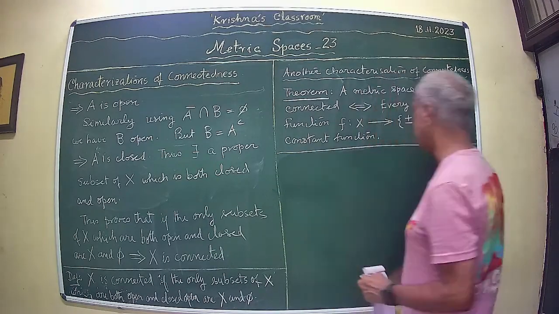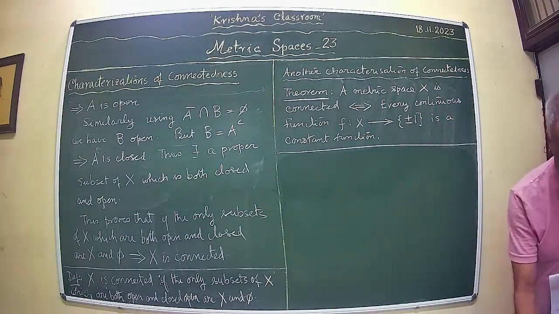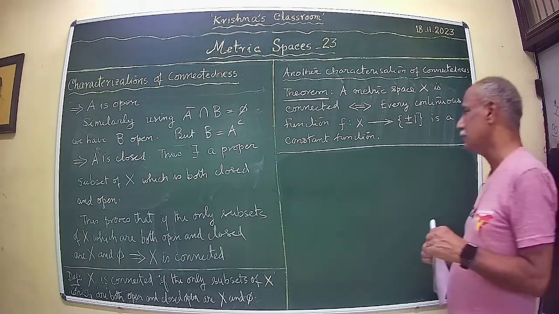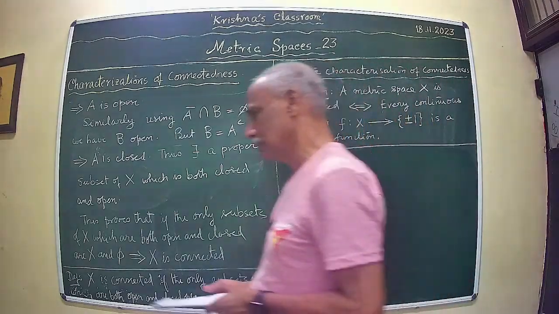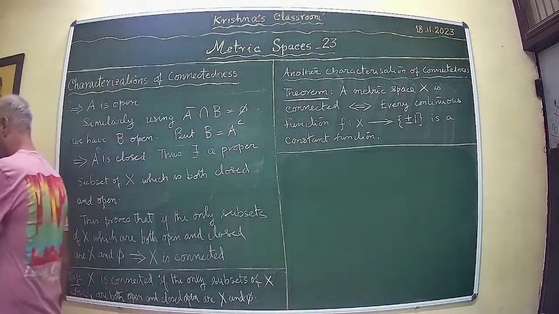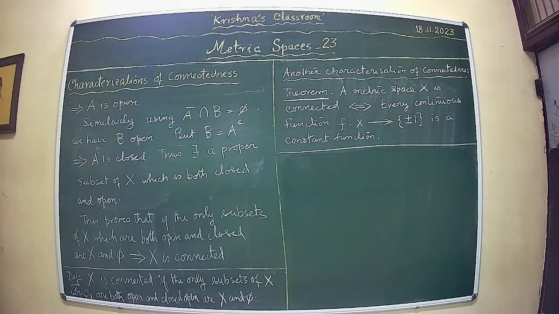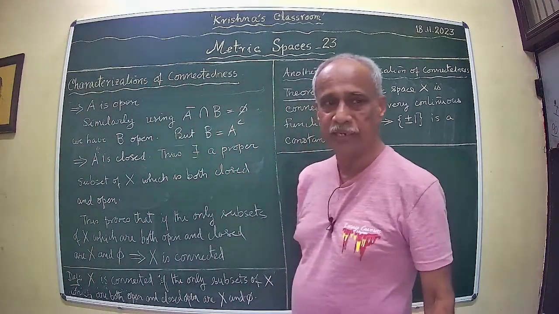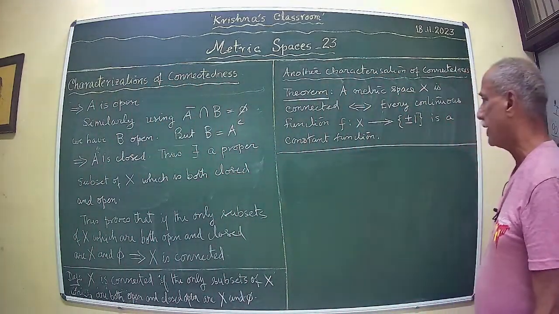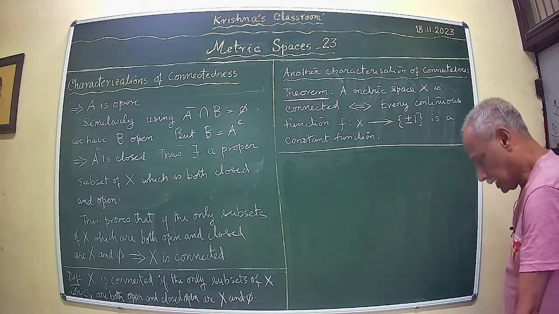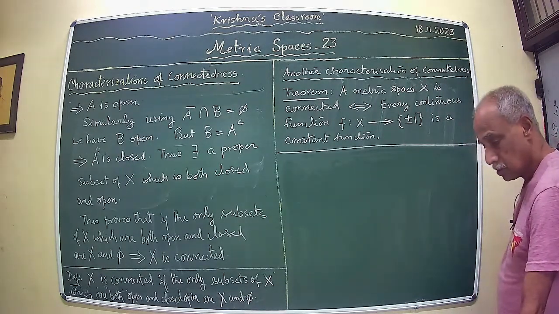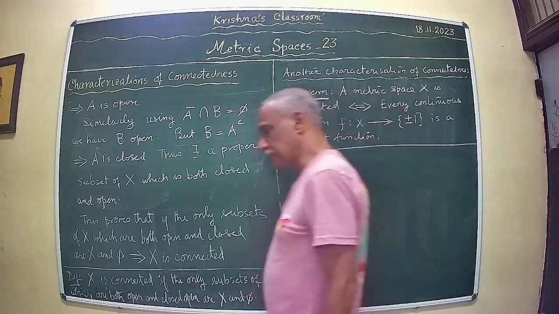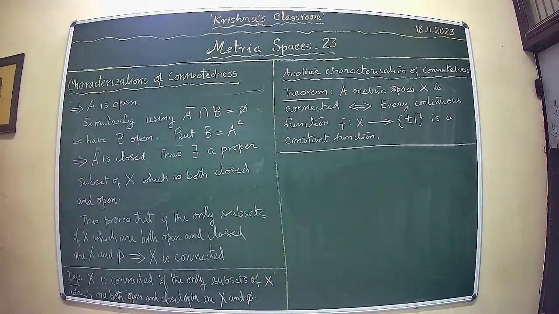We have, in this context, I think it is interesting to observe that we have already proved that a continuous function from X to Y, where X and Y are two metric spaces, maps a connected metric space to a subset of Y which is connected.